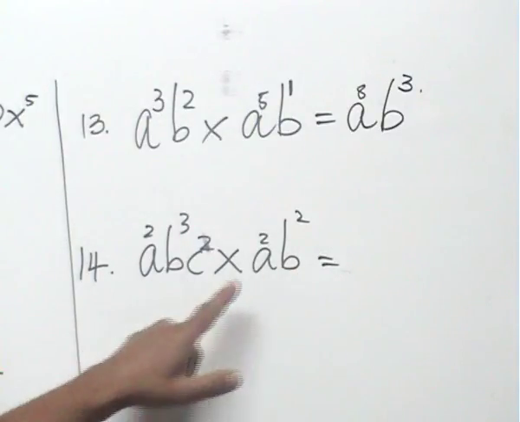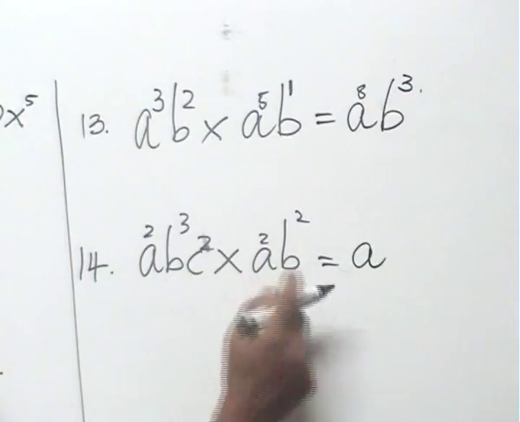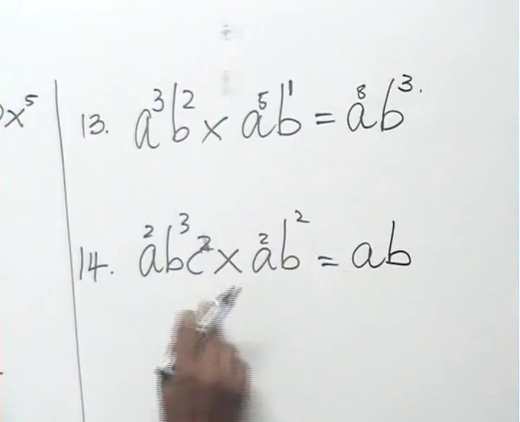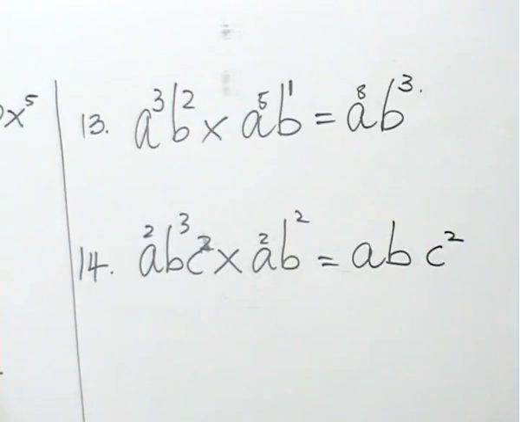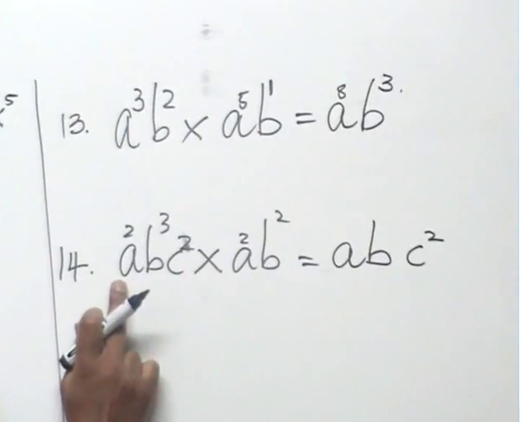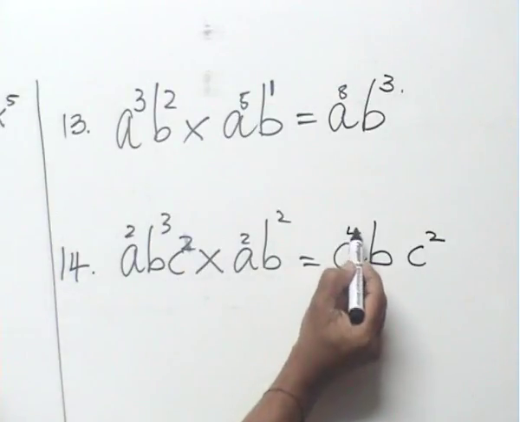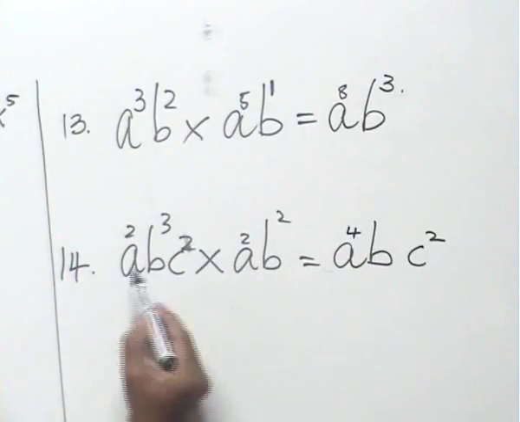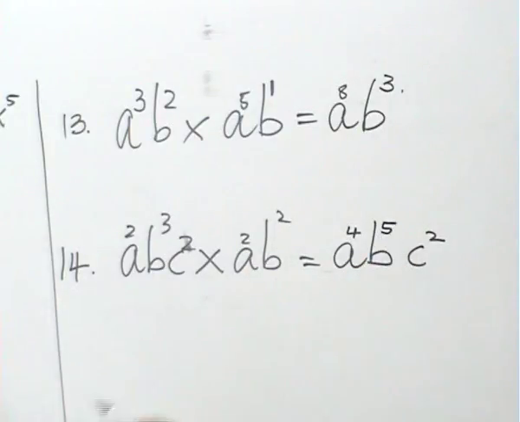So for the A's, you write down A. For the B's, you write down B. And there's only one C here, so you will just write down the C squared straight away, because there's nothing else over here. Now for the A, you multiply, so it will be 2 plus 2, 4. For the B's, it will be 3 plus 2, which is 5.